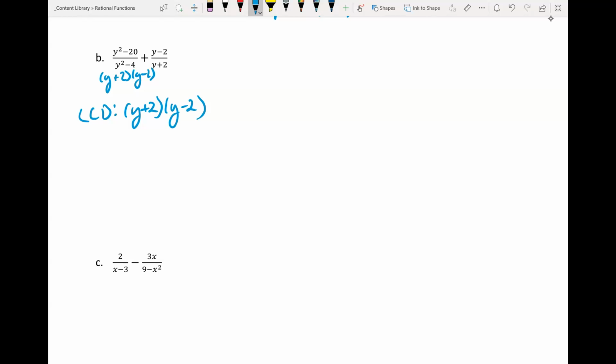So this is our LCD. Y plus 2, y minus 2. And then our NPV is going to come from the denominators of the LCDs. So that is y equals 2 and y equals negative 2, because if you had either or, we're going to get a 0 in our denominator.